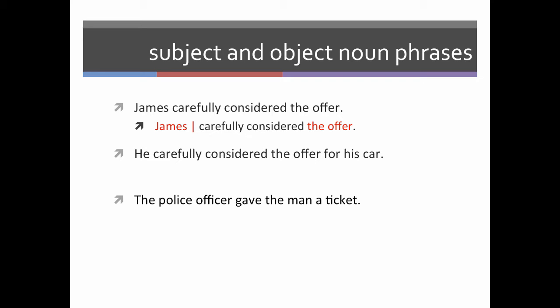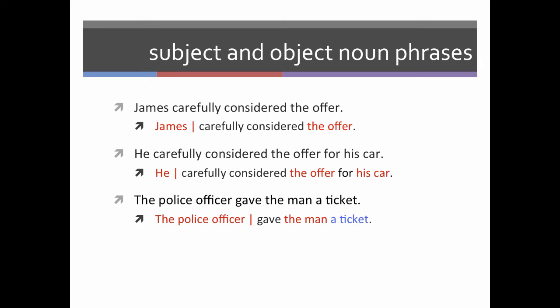So English is an SVO language, meaning we order things subject, verb, object. And the second one, he carefully considered the offer for his car. Again, he is the subject noun phrase, the offer is the object noun phrase, and we can even see his car is following the preposition for, so it is the object of the preposition.